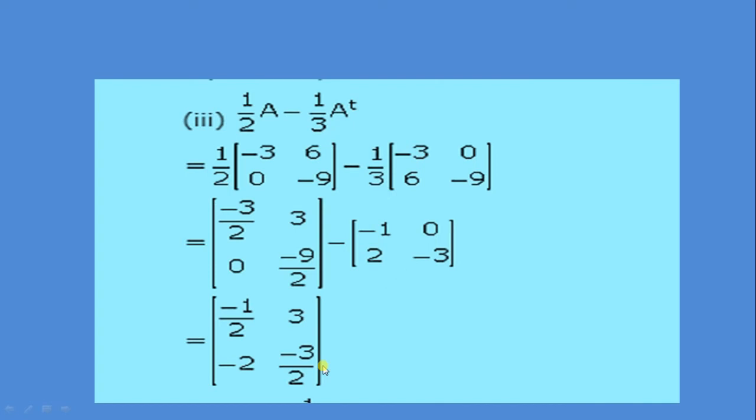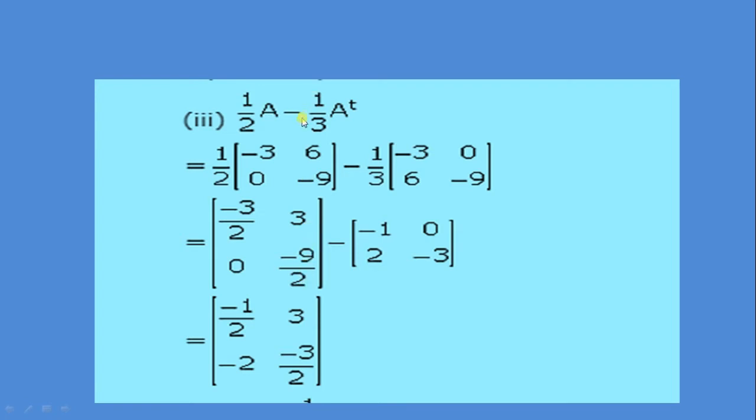Half of matrix A minus 1/3 of transpose of matrix A. Half into matrix A means multiply all the elements of matrix A by 1 by 2. That means here minus 3 into 1 by 2 is minus 3 by 2, 6 into 1 by 2 is 3, 0 into 1 by 2 is 0, minus 9 into 1 by 2 is minus 9 by 2.